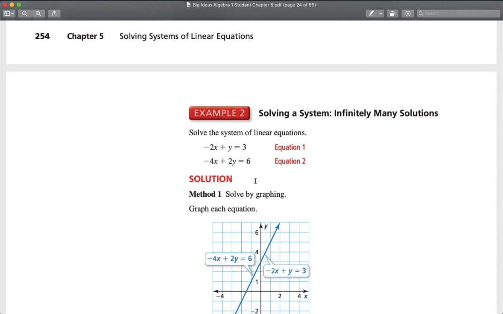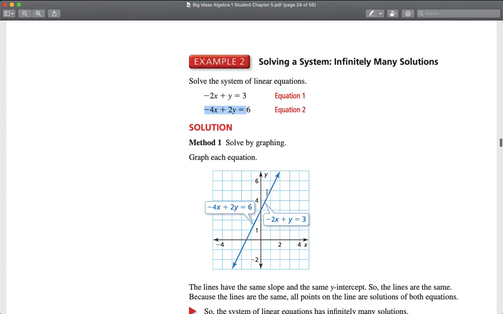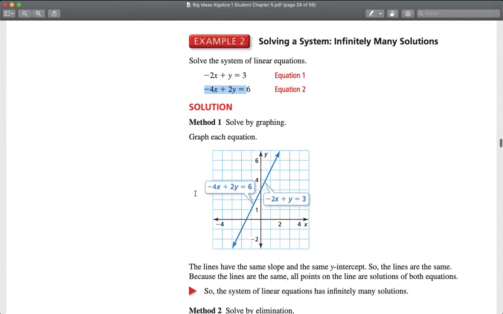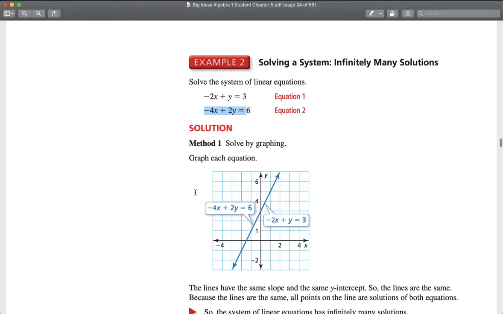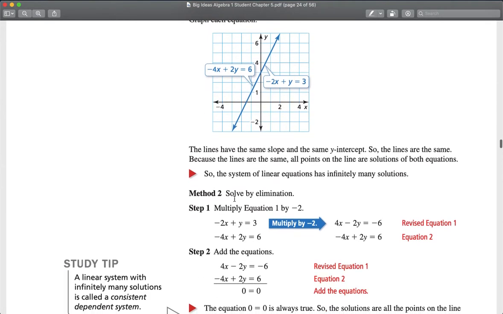So there are a couple of methods that you can do. You can graph both of them. If you just plug this into decimals and plug this into decimals, you will get the exact same line. Second method, you can use substitution, right? But substitution is going to be a problem if you want to solve for y, because y is by itself, and it's going to be a little bit more complicated, right? This time they do mention elimination.